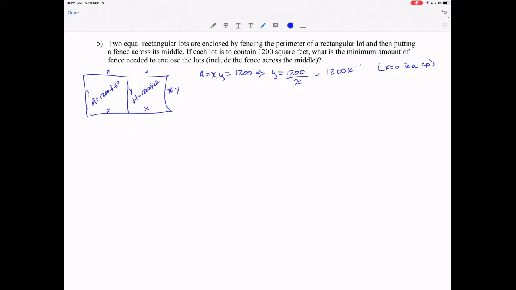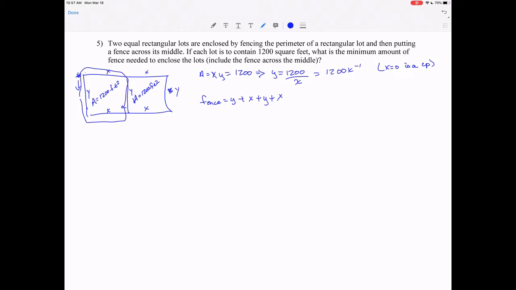Now let's talk about how to find our fence. So we just want to know how much fencing we need. I'm going to start right here, and I'm going to go this way. So we need y plus x, plus y plus x. So I've gone around that whole first square.